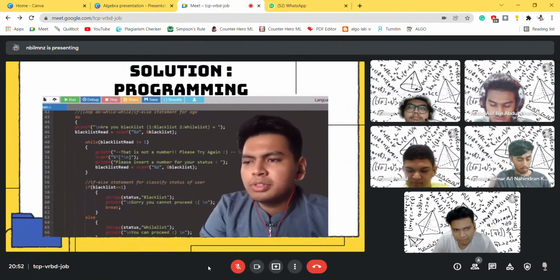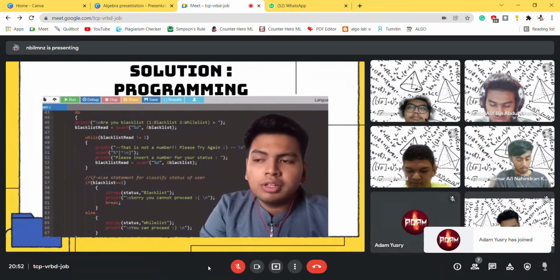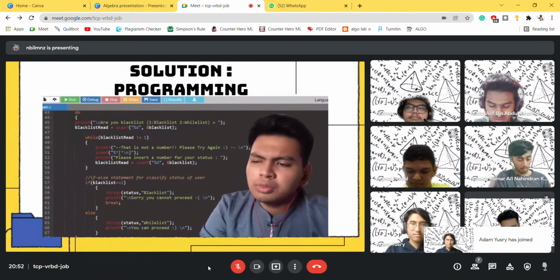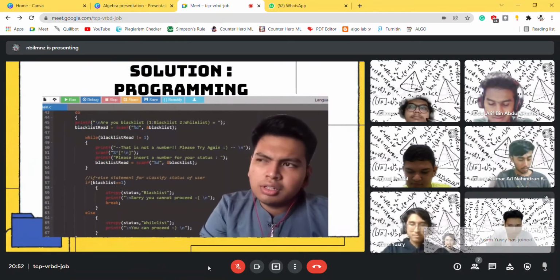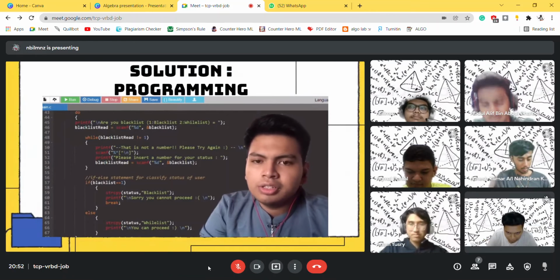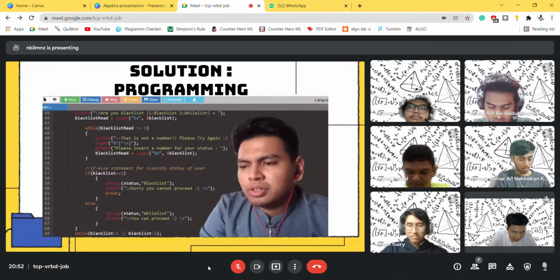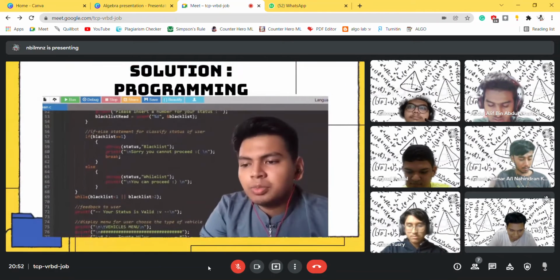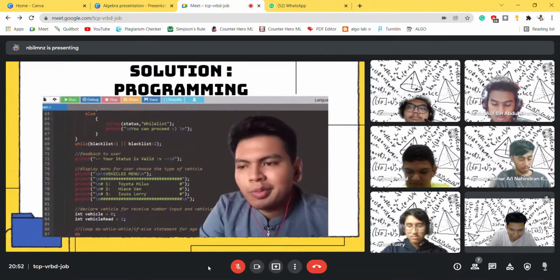The first while is to invalidate the alphabet entry, and the next while is for integers that are not valid within the range. If the blacklist equals 0, this section will keep looping until the program receives the correct input from the user.